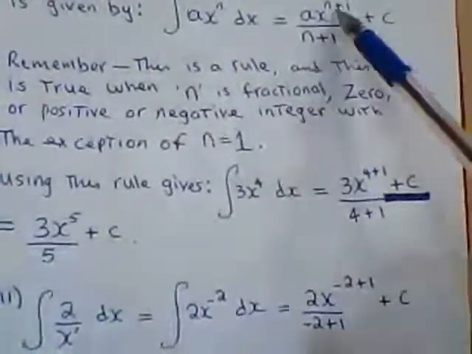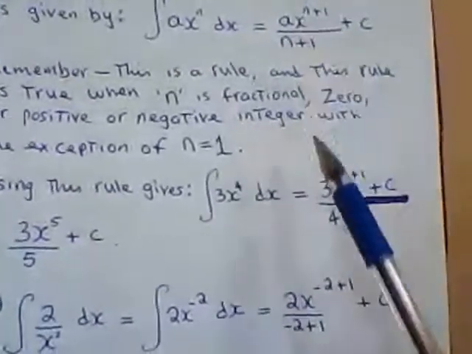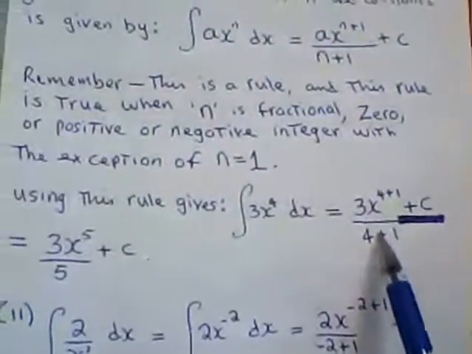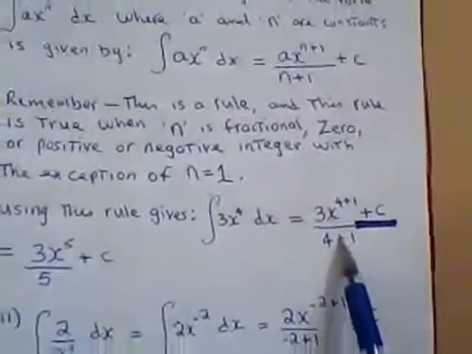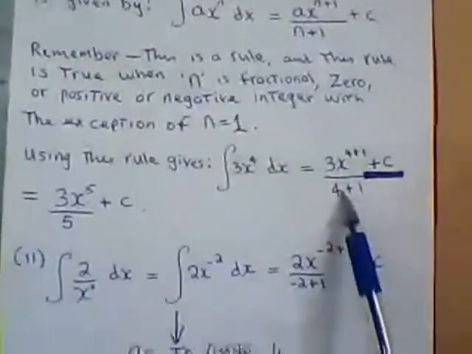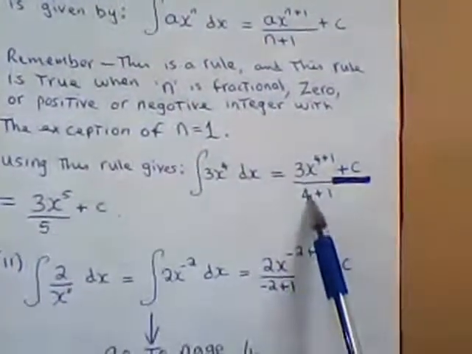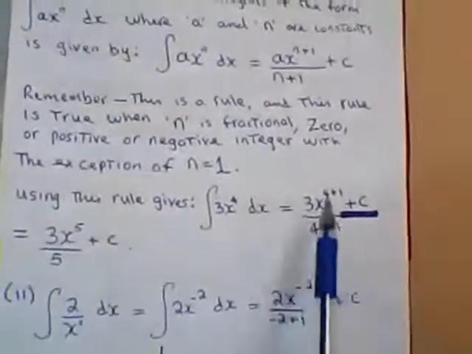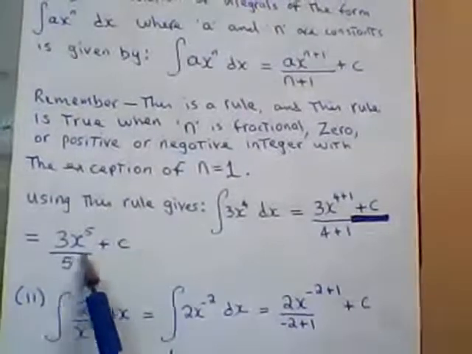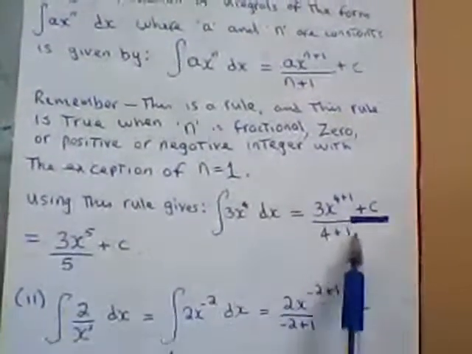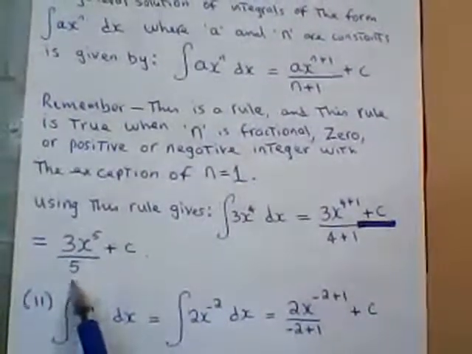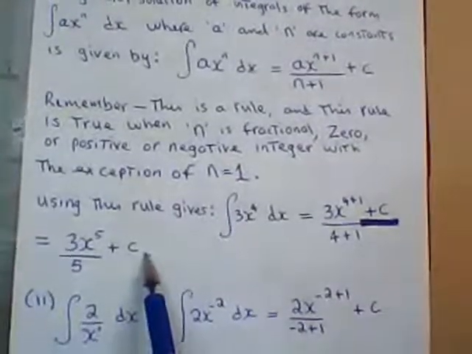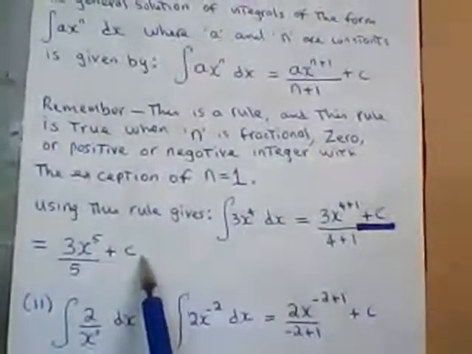Now we've applied this formula to this stage here, which equals, taking 4 plus 1, 3x to the 5 over 5, plus c. And c can be any constant.